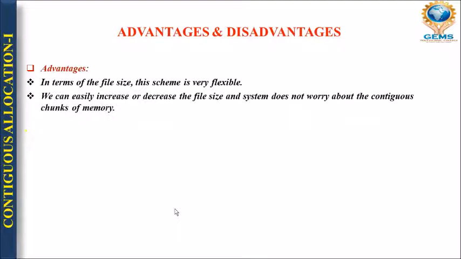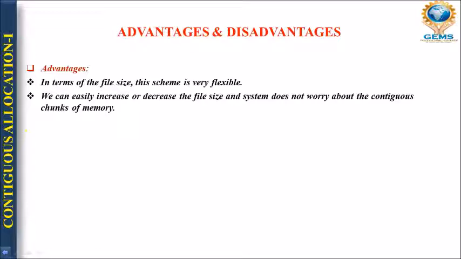So what are the advantages and disadvantages of such type of files? So first, this scheme is very flexible in terms of size. We can easily increase or decrease the file size, and the system does not worry about a contiguous chunk of memory. In this type of fashion, we don't worry about the availability or unavailability of the space.